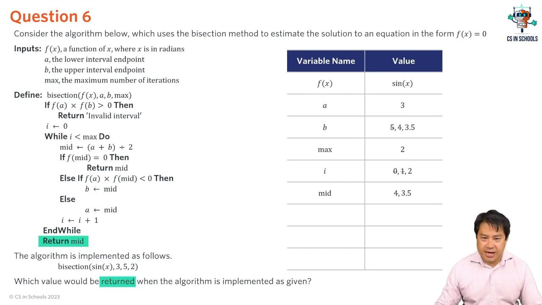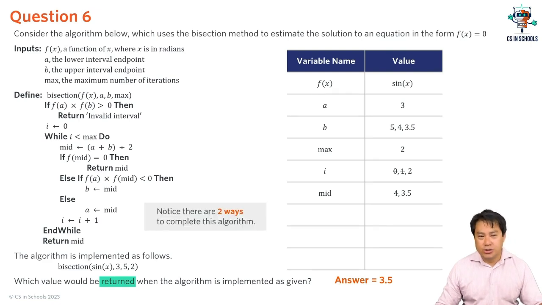All that means is we just take the value, 3.5, and that will be the answer that we get after we call that function. So to answer the question itself, which value would be returned when the algorithm is implemented as given, the answer will be 3.5.